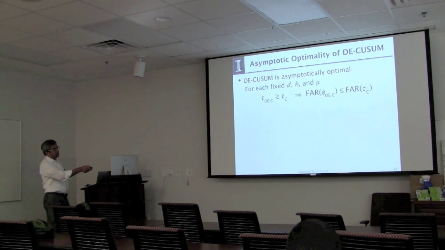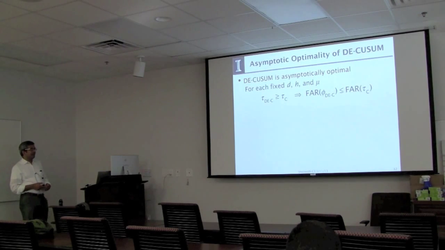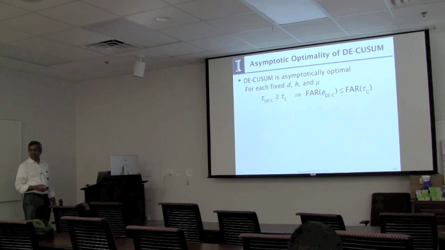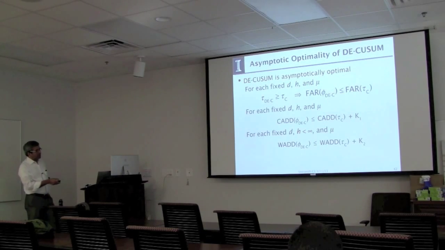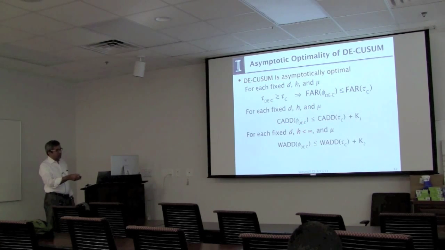Okay, and you can actually show that this is asymptotically optimal. First of all, it's very easy to show the false alarm rate is going to be smaller, because the data efficient test is always going to stop after the test that uses all the observations. But more importantly, you can show that this is much stronger than first order asymptotic optimality.